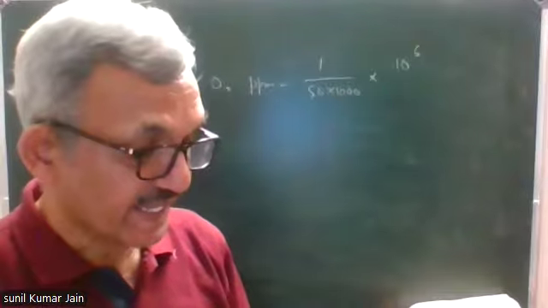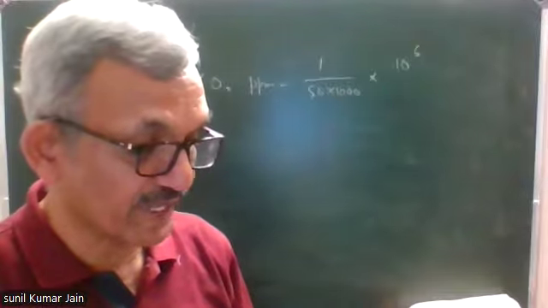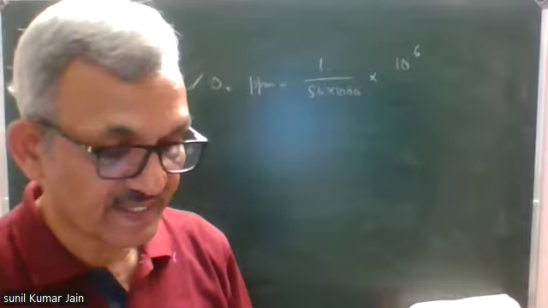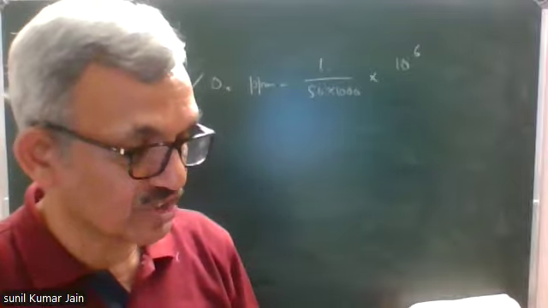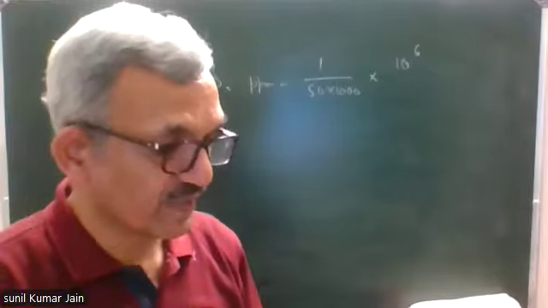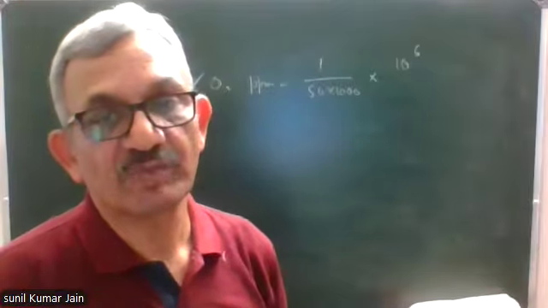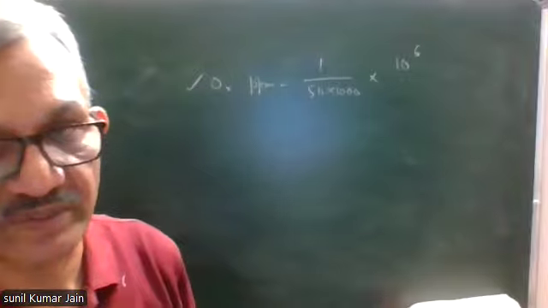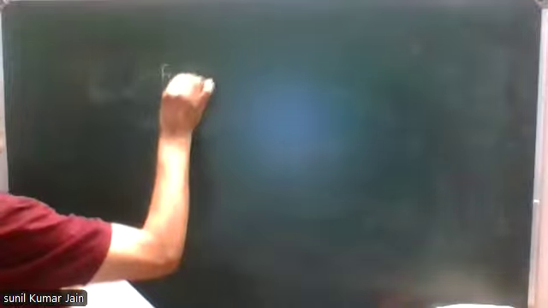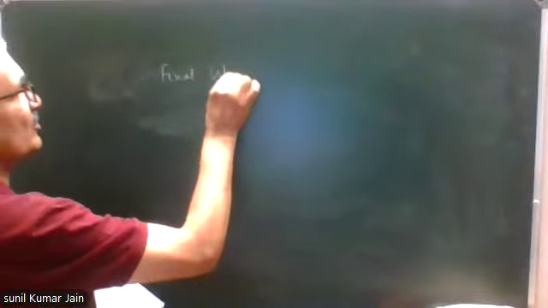Next, number 6. Calculate the mass of water that should be added to 91% aqueous solution of sulfuric acid, density this much, to prepare 100 cc of 30% solution of density 1.31 gram per cc. In this numerical, some data is extra that is not required, but anyways, final weight of solution.